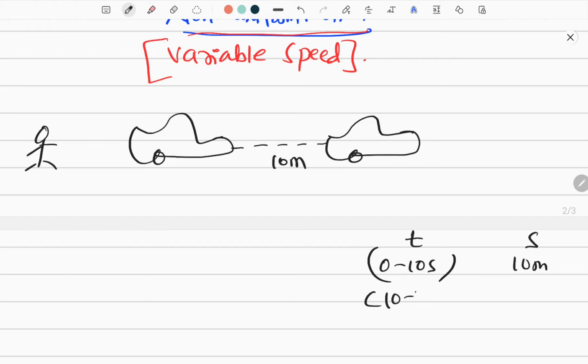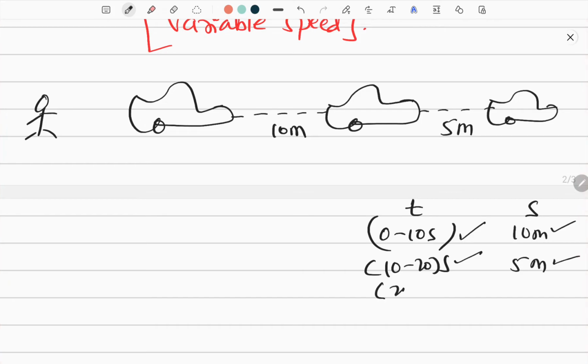Afterwards he observed this car from 10 to 20 seconds, another 10 seconds, and found that the car had moved only 5 meters. So in the starting 10 seconds it moves 10 meters, in the next 10 seconds it goes 5 meters, and in the next 10 seconds it may go 15 meters. In the next seconds it may be at rest.